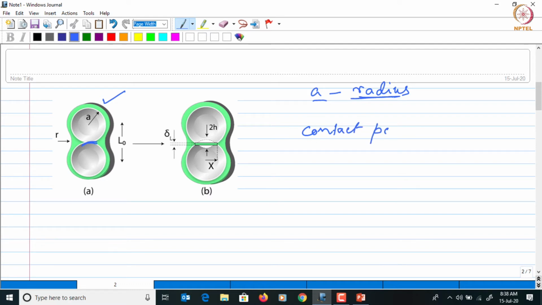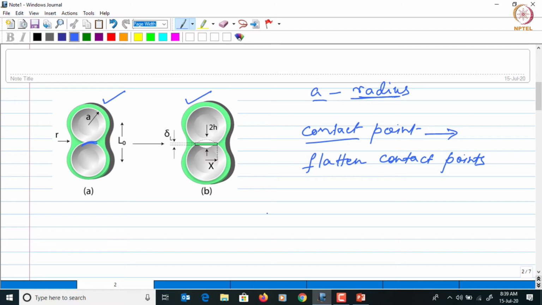Therefore, the mass will be transported away from the contact points, and as a result, these two particles will move towards each other as the contact points dissolve along the line which connects the centers of these two spheres, right? And as that happens, the contact points will get flattened, which you can see from figure b.